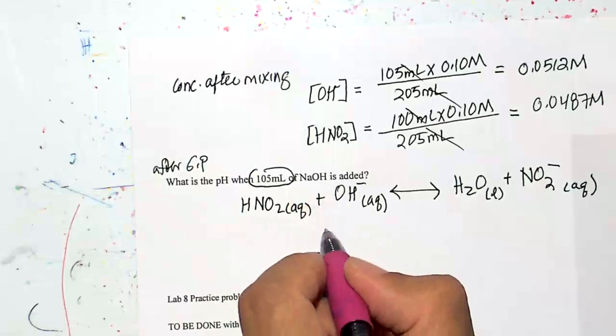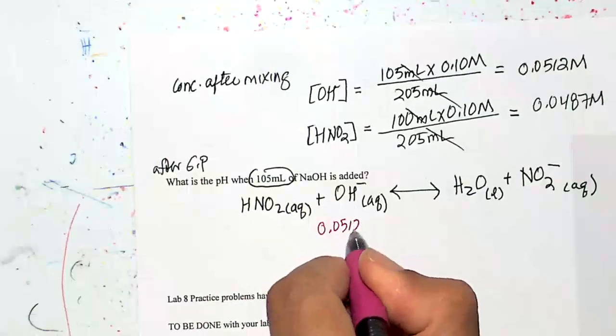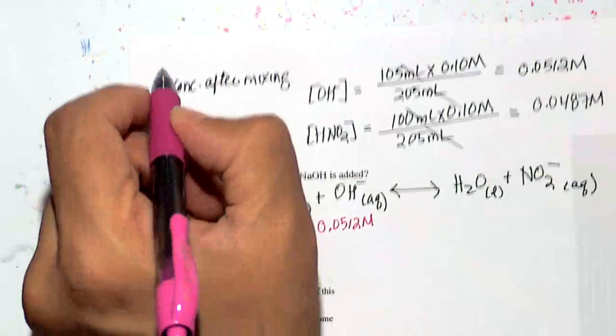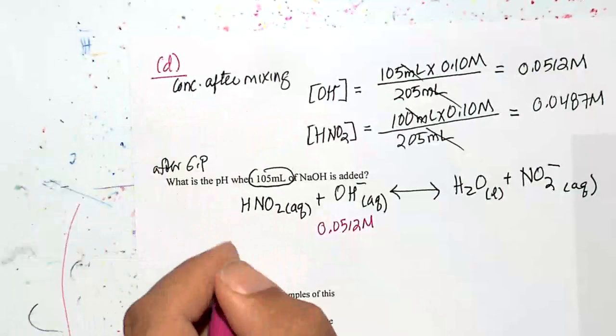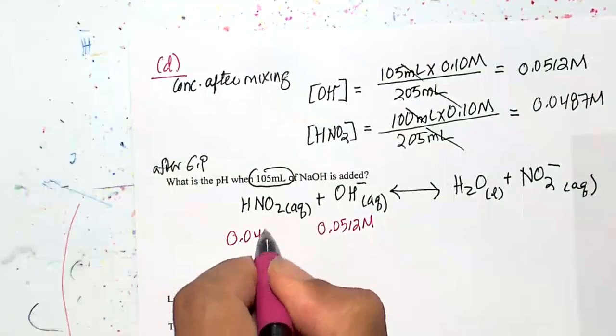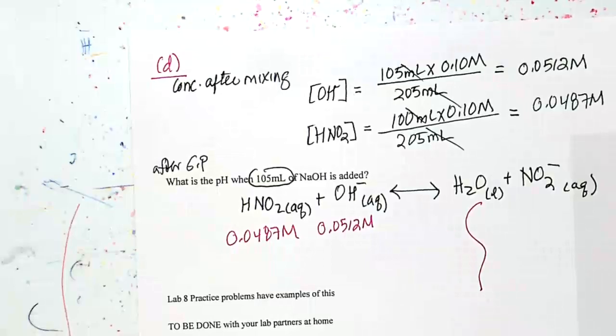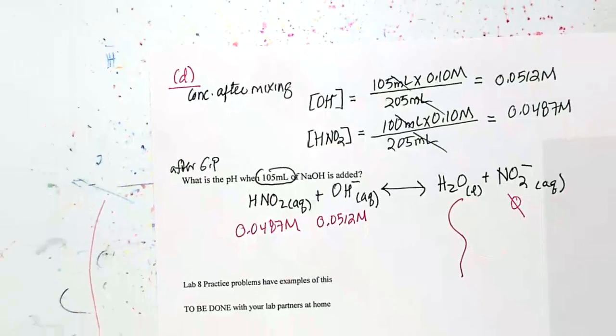Our OH minus concentration is 0.0512. Our HNO2 concentration after mixing, this is part D now, is 0.0487. Don't worry about the water, it's a liquid. The NO2 minus is 0.